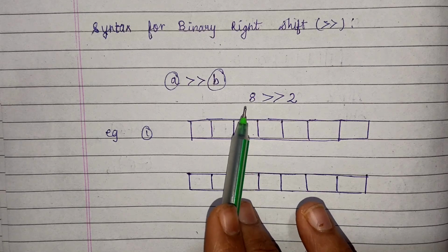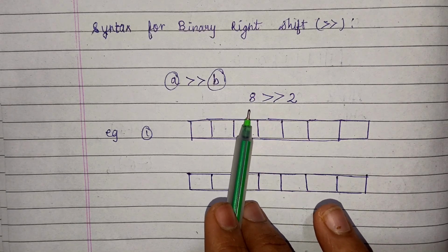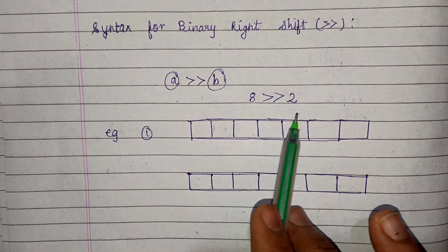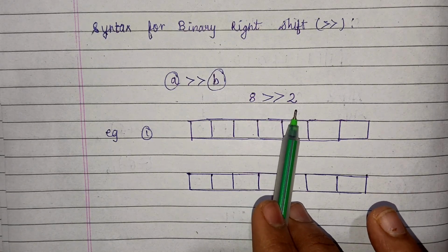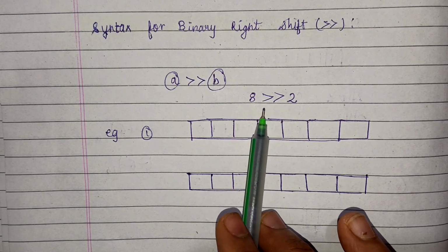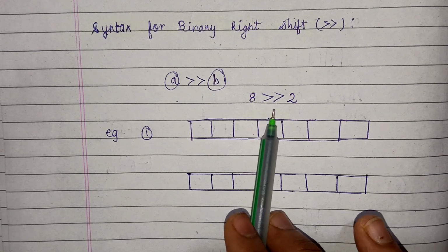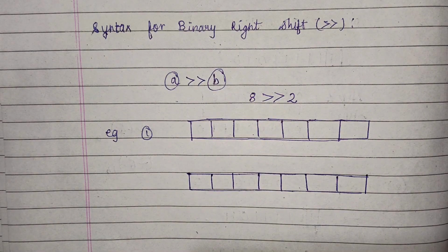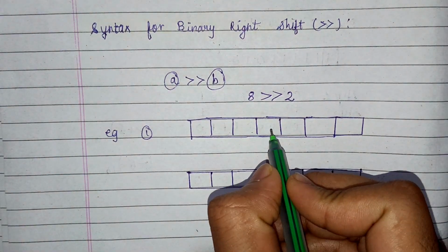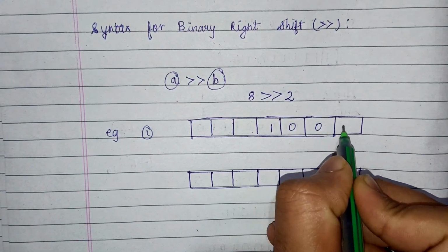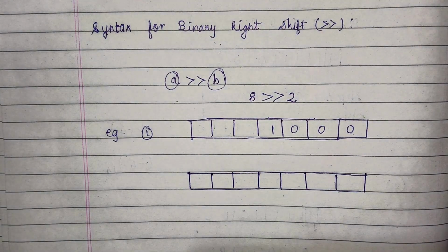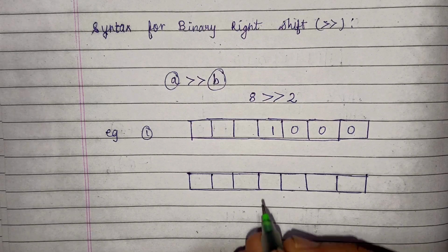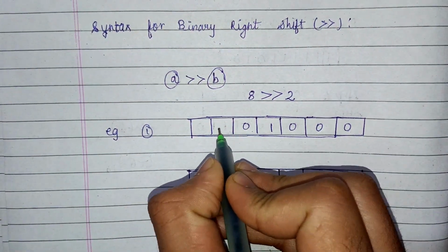We have to shift 8 to the right hand side by 2. This is the symbol for the binary right shift. The binary representation of 8 is 1 0 0 0, and the rest is filled with zeros.